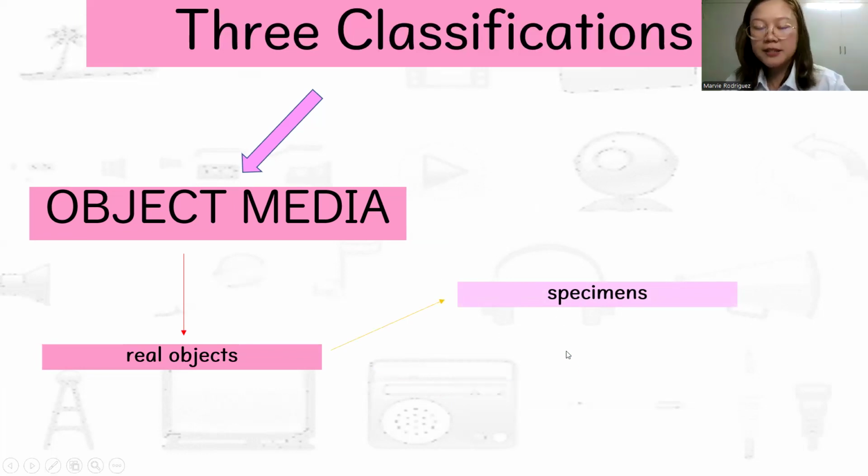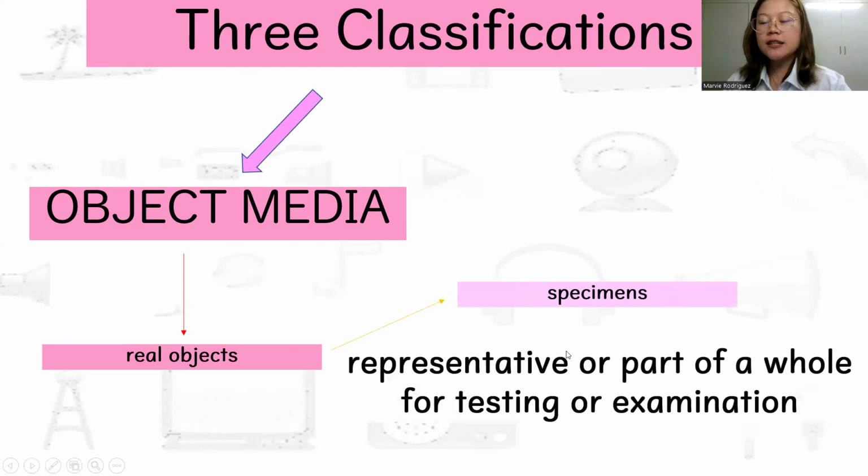Let's start with specimens. The definition is it is a representative or part of a whole for testing or examination. It's like a sample of something, especially in scientific studies and medical field, right? Now, a scientist might collect a specimen of a plant or animal for a study, like that.